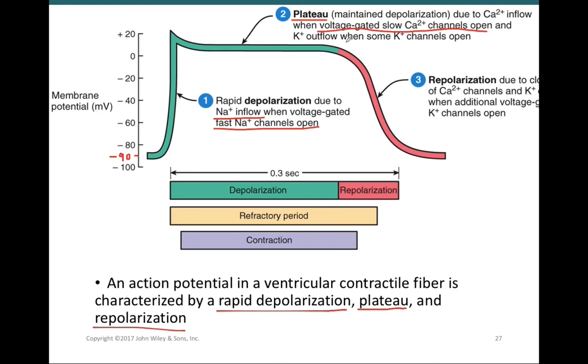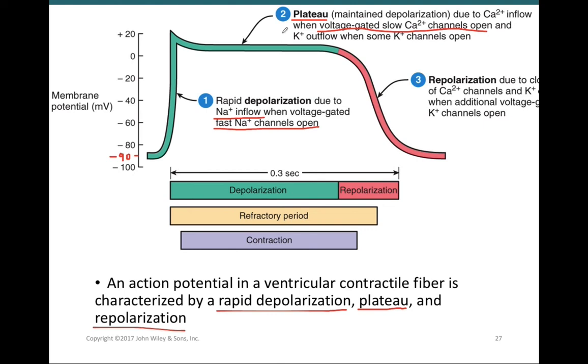Now, when we get to the repolarization, those voltage-gated slow calcium channels are going to close, and at this point, additional potassium channels will open, and that will facilitate what we know as the repolarization. So in comparison to skeletal muscle, we just have the calcium channels that are added in between the opening of the sodium channels and the opening of the potassium channels.